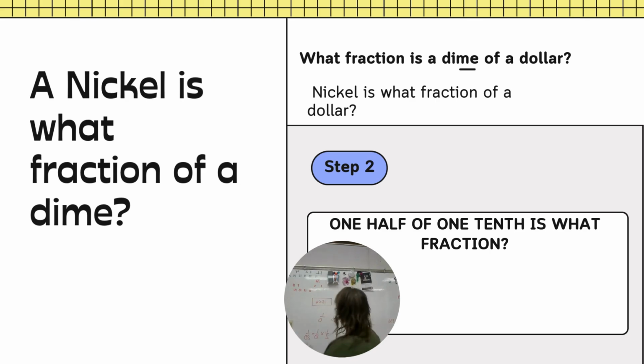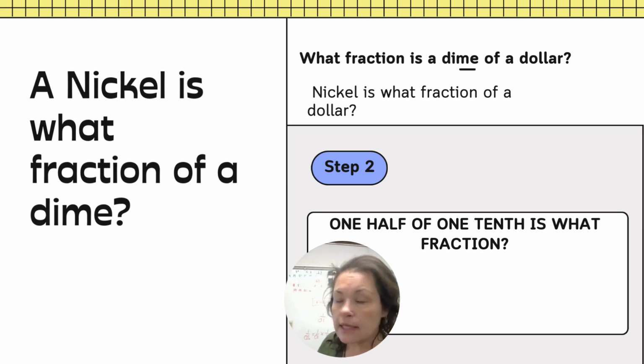How did we do that earlier? So now here's my third question. If you know that a nickel is half of a dime, and you know that a dime is 1/10 of a dollar, here's the big question. What fraction is a nickel of a dollar?